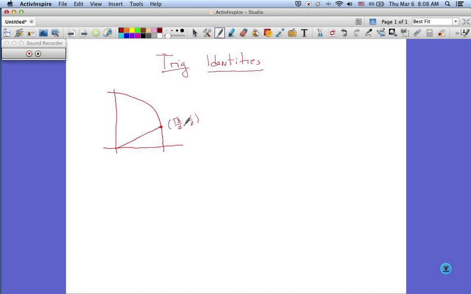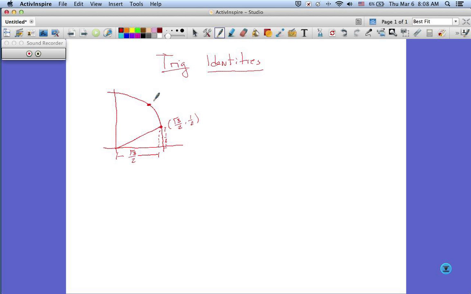So root 3 over 2, that's the x-coordinate. That means this horizontal distance right here is the square root of 3 over 2, and this is the y-coordinate. The vertical distance is 1/2. Well, that is true about every coordinate on here.